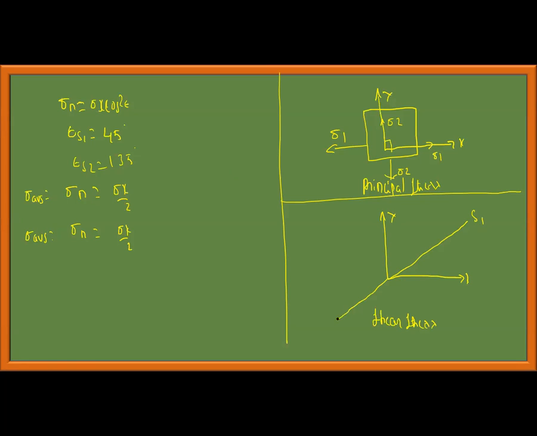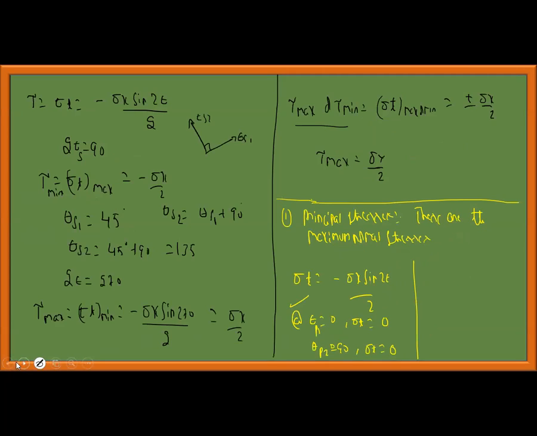Similarly, on this side also S1 plane. Perpendicular to it will be the S2 plane. Indicate it with a plane like this. S1 and S2. On this plane, we have substituted.